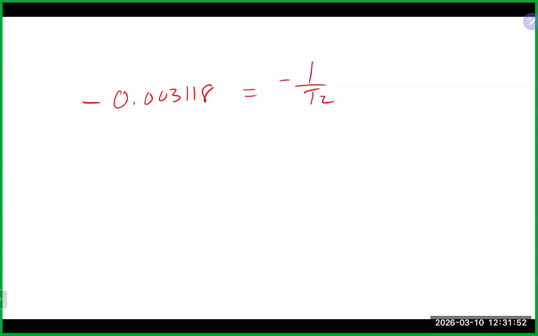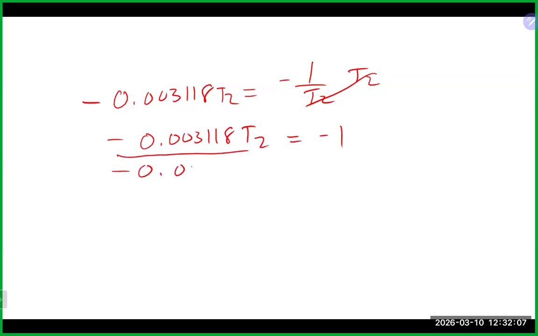Basically, you multiply T2 to both sides, and those cancel. That gives you negative 0.003118 T2 equals negative 1. You then divide this to the other side with a negative on both sides. The negatives go away, and that'll get you there. Other questions?